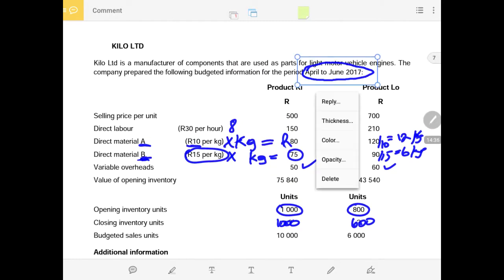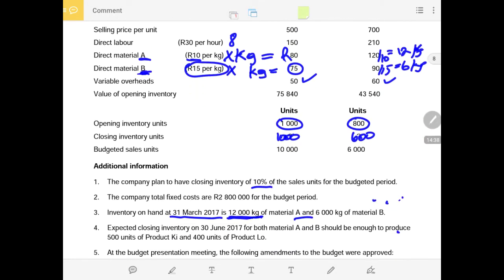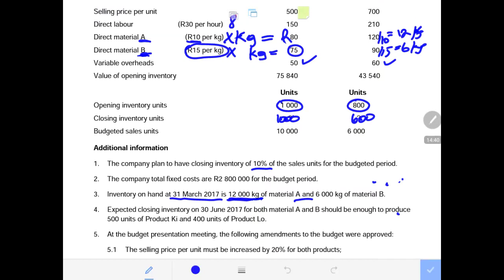That started in April, meaning now the closing balance of the material at the end of March becomes the opening balance in April. So now we are referring to the opening inventory here. The fact that it's at the end of the month does not mean the closing balance in the current period, but it is the opening balance in the current period, the closing balance of the previous 3 months or quarter.